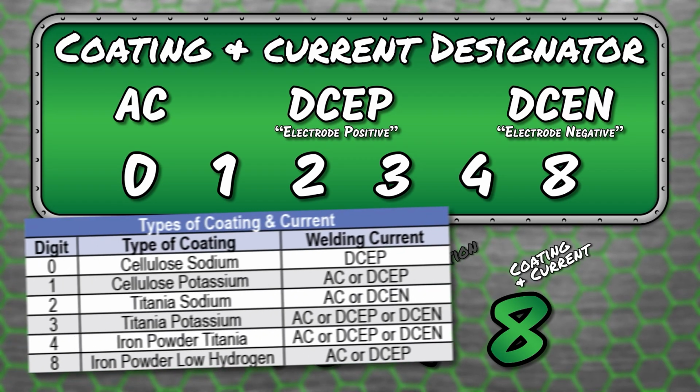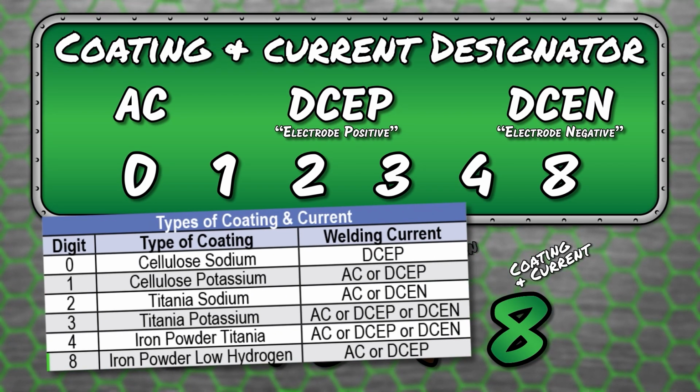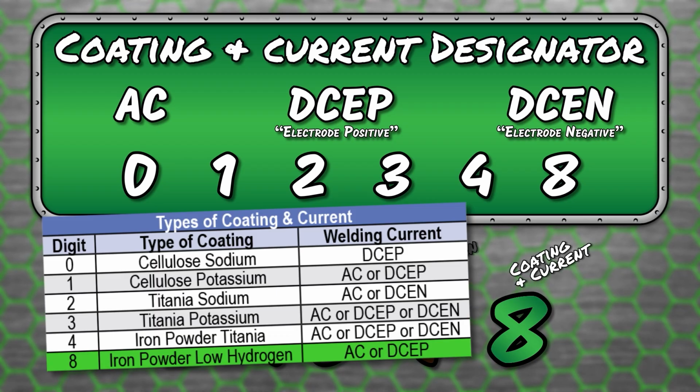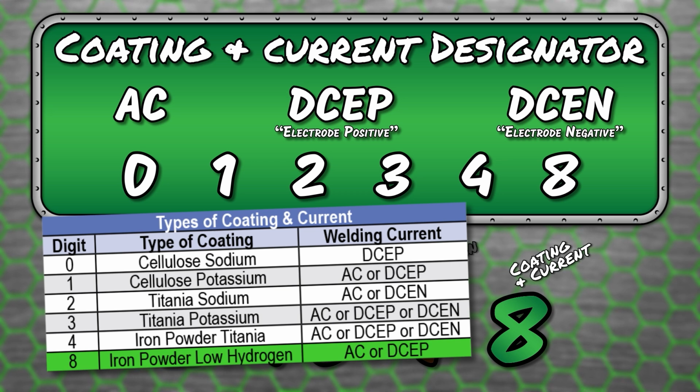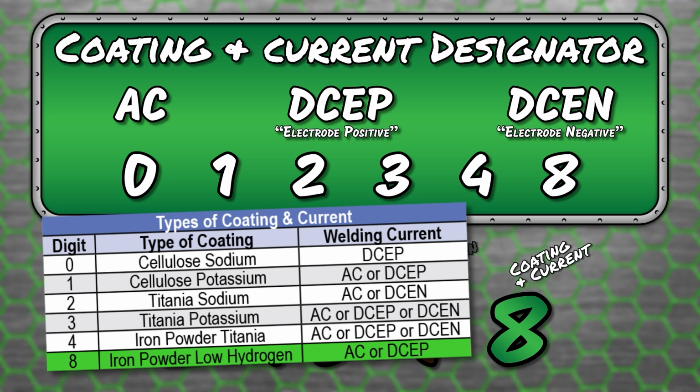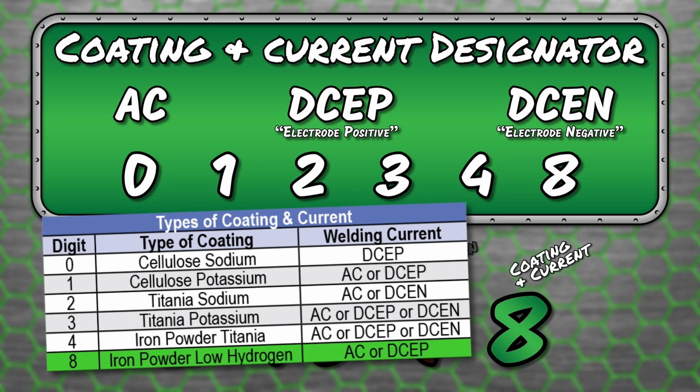And thanks to the classification breakdowns, we can see that an 8 means it has a low hydrogen iron powder coating and can be used with either AC or DC electrode positive.